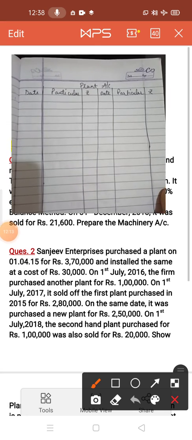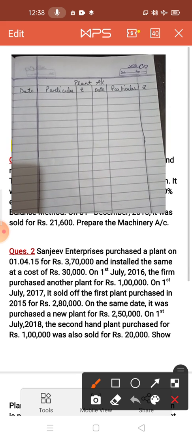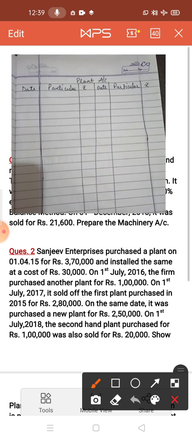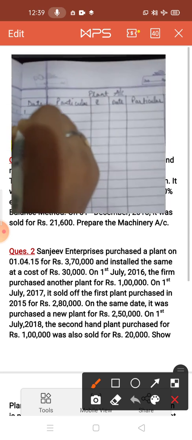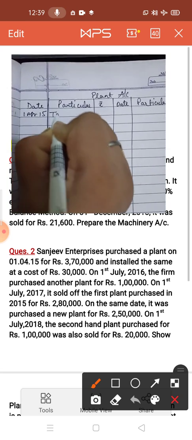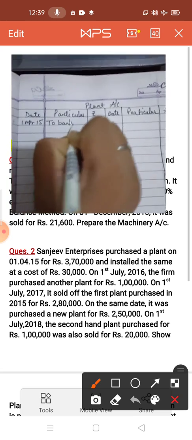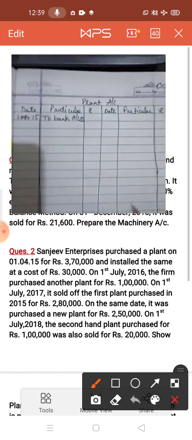See children, this is the plant account. The format is the same. Now, first of all, you have to see in which year you purchased the plant. So, on 1st April 2015 you purchased the first plant. Since this is a multiple plant question, write down number 1.